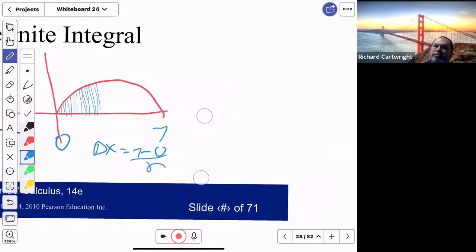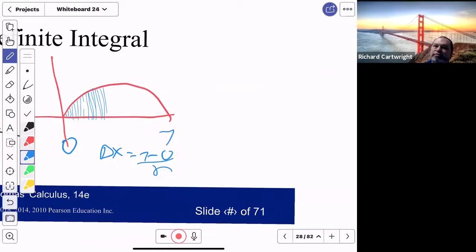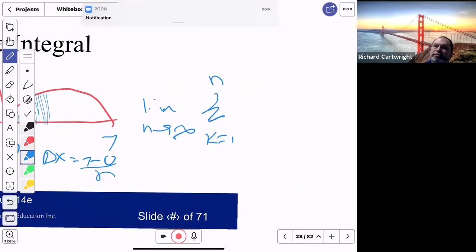Then we wrote our limit as n goes to infinity of the sum of k going from 1 to n. And then we created some sort of formula for the length and the width. Well, the width was 7 over n. That one's not hard.